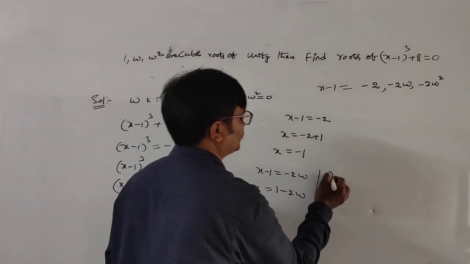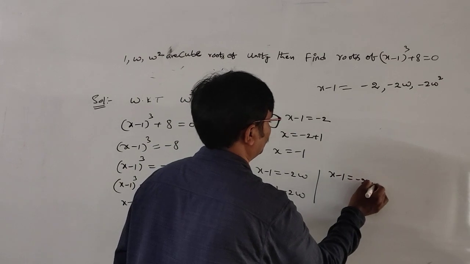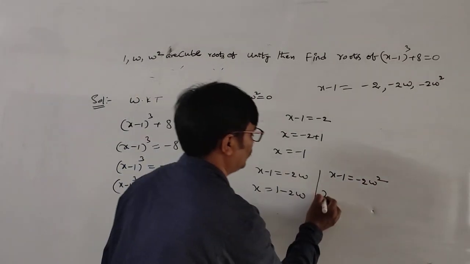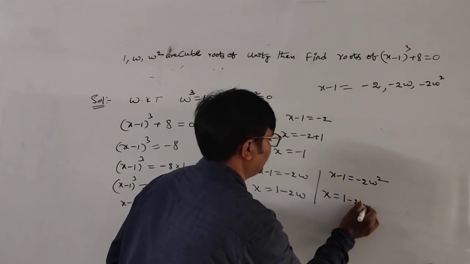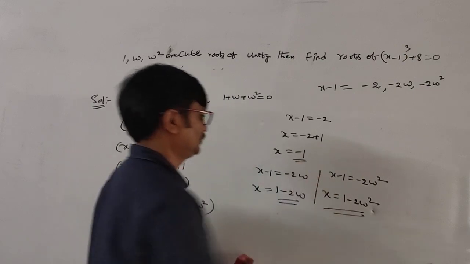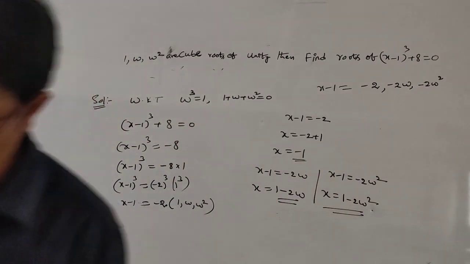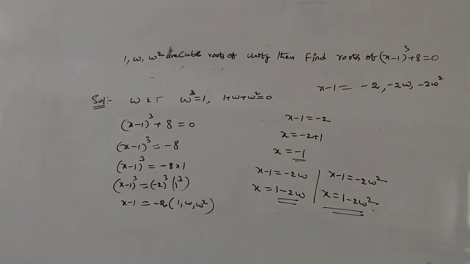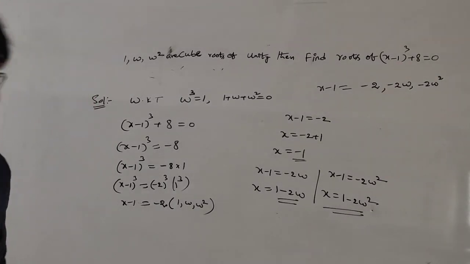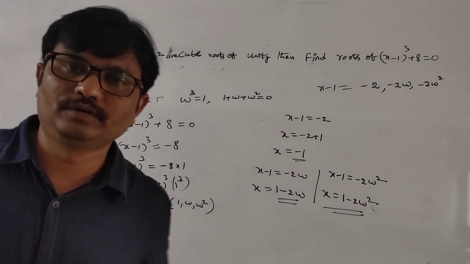After that students, x minus 1 equal to minus 2 omega square, so x equal to 1 minus 2 omega square. Write down, students: x equal to minus 1, and x equal to 1 minus 2 omega, and x equal to 1 minus 2 omega square. Okay students, this is today's class.